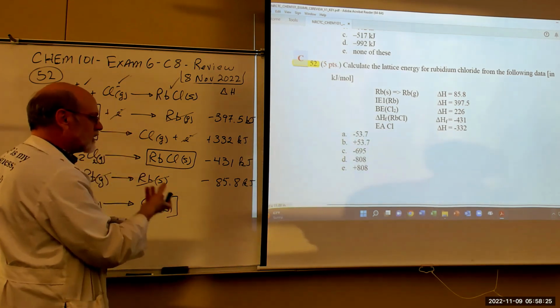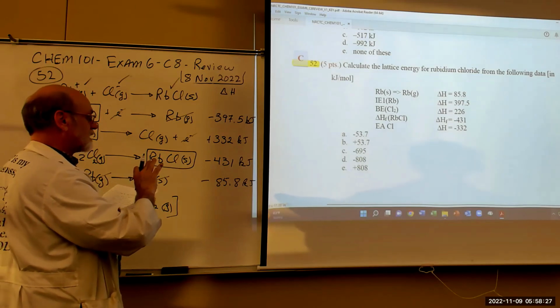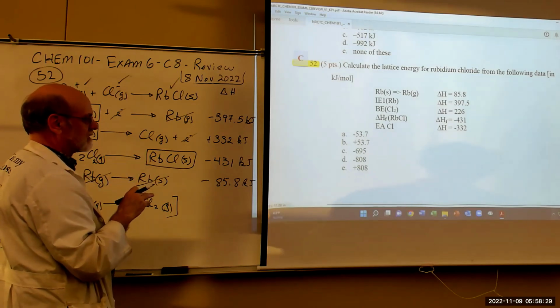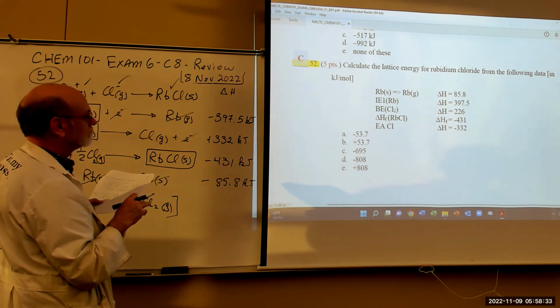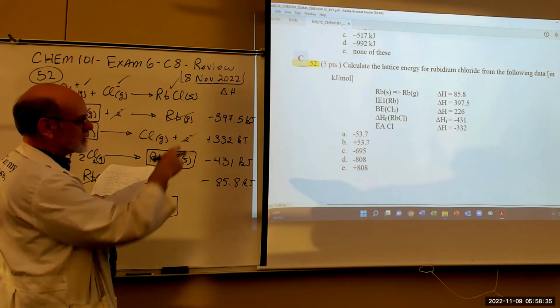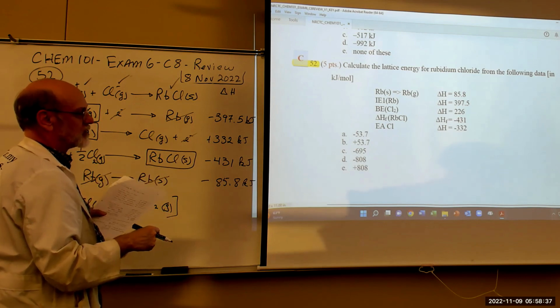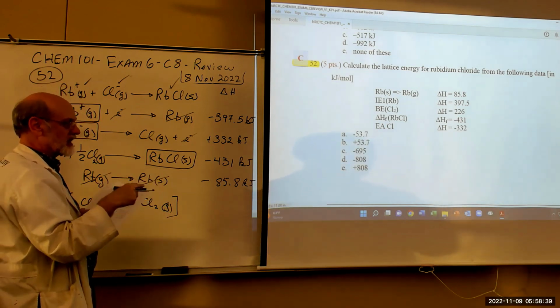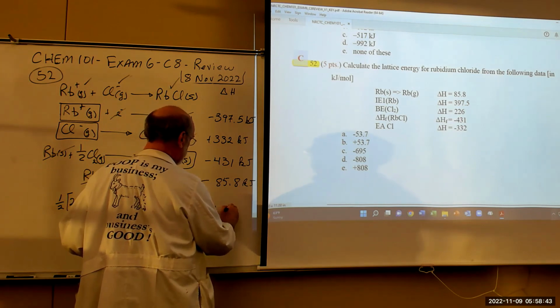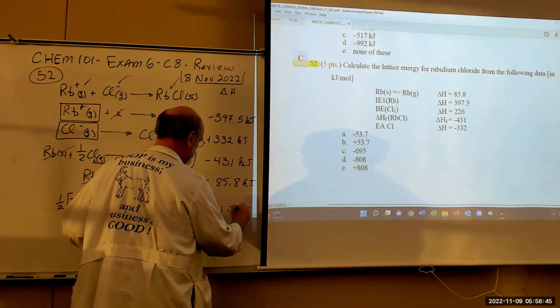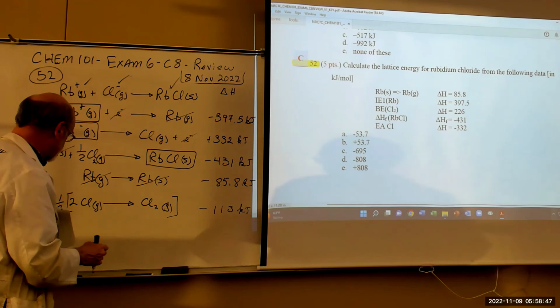So we have flipped the equation, and we take 1/2 of it. So the bond energy, the middle one, BeCl2, we need 1/2 of that and change the sign. So it's a negative 113 kilojoules.